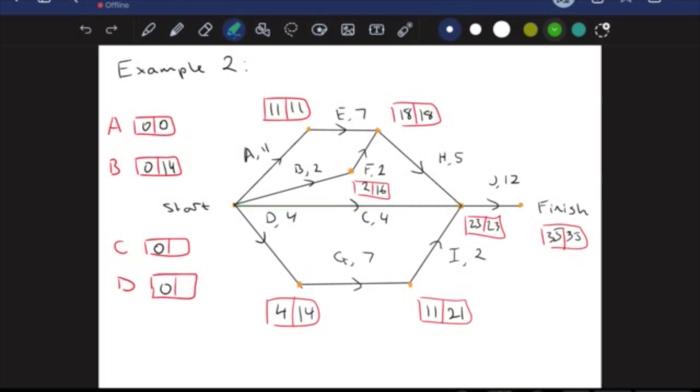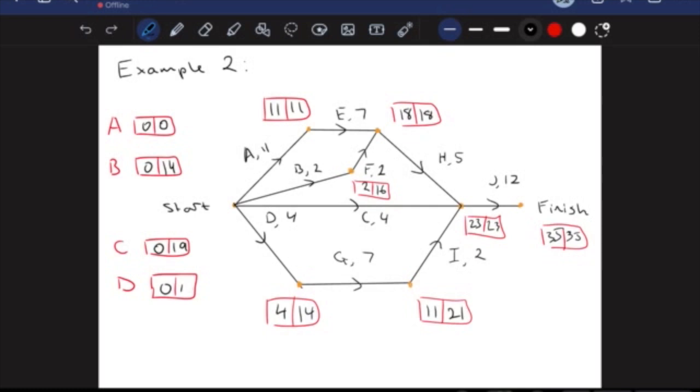So my latest start time for activity C is going to be 23 minus 4, which is 19. And from here, activity D, I'm subtracting 4 from 14, which gives me 10.